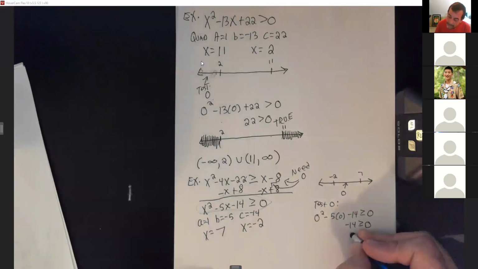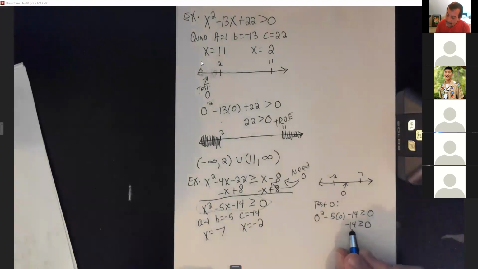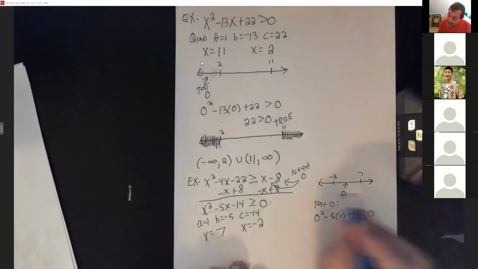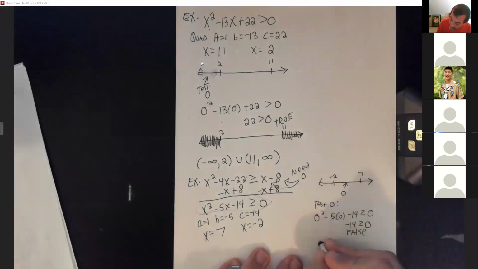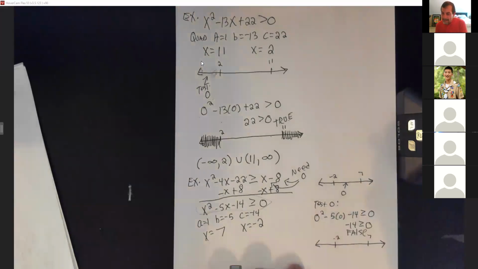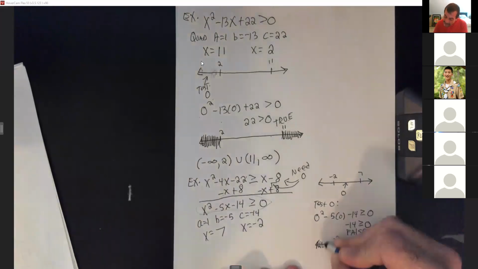True or false? Negative 14 is false. So since that's false, we cannot shade where the 0 was, okay? So we'll be shading outside.